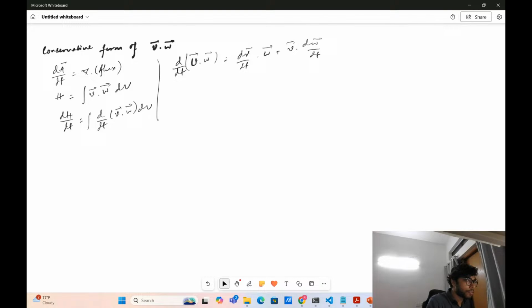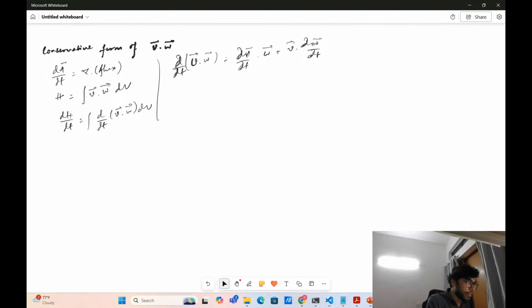Now from Euler's equation, these are all partial derivatives. From Euler's equation, we know what del V del T is, and also we know what del omega del T is from the vorticity equation.